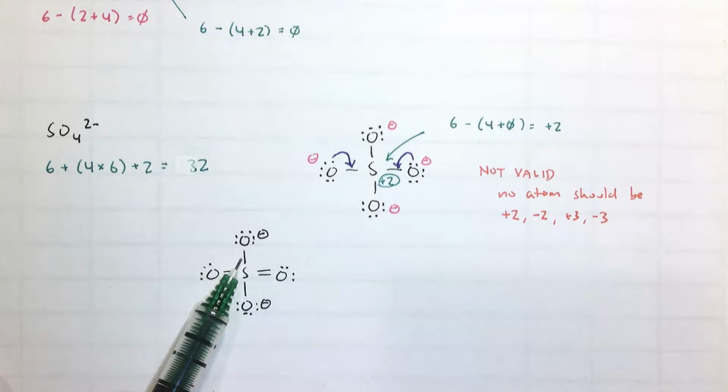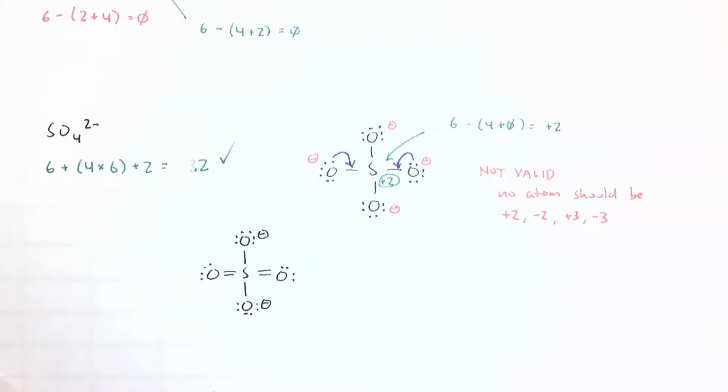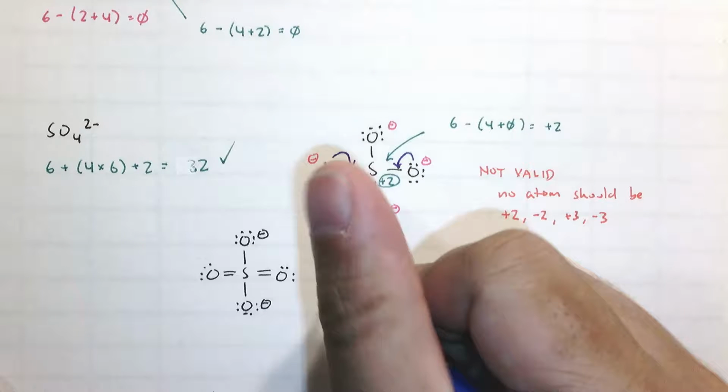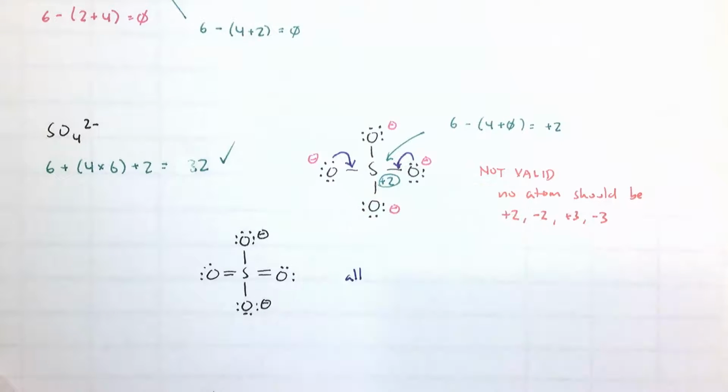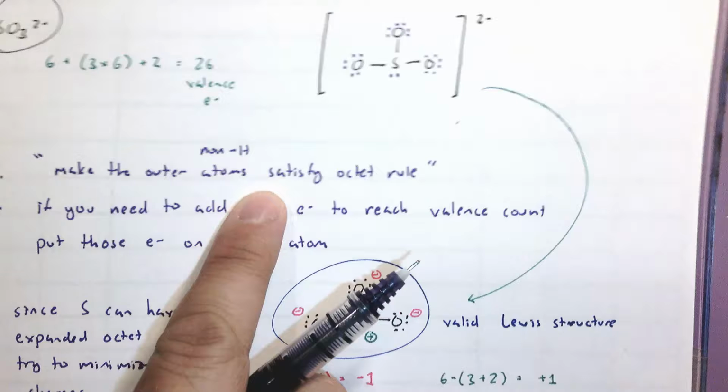And then 2, 4, 6, 8 on top, and 8 on the bottom. So that's 16 plus 16 is 32. That's a check. Do all the oxygens satisfy the octet rule? Because that was one of the rules. Make the outer atoms satisfy the octet rule.